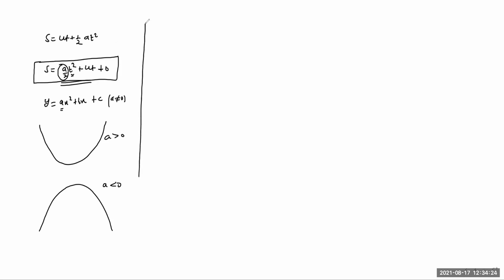So for uniform acceleration, the displacement is a quadratic function. So when you write a displacement equation, s is equals to ut plus half at square, you actually deal with a quadratic formula, and therefore we can think a lot about it.